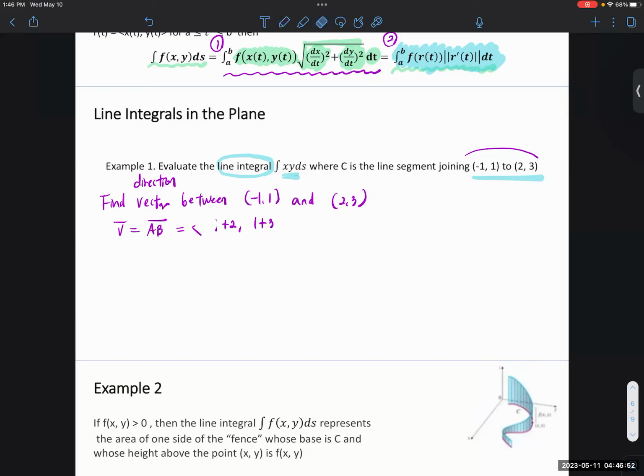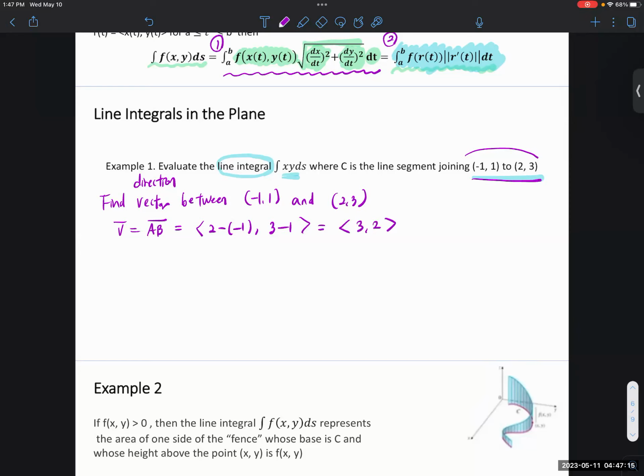Actually, I made a big mistake. Why am I adding? I have to subtract, right? Because I'm looking for the length between two points. So if I recalculate it, sorry, 2 minus (-1), 3 minus 1. So the vector between those two points will be (3, 2).